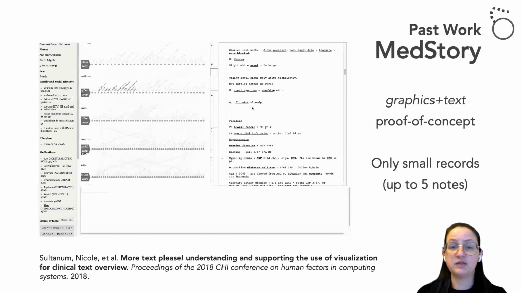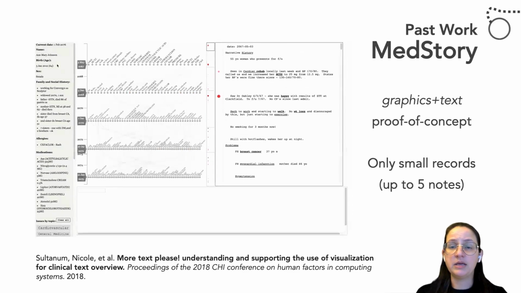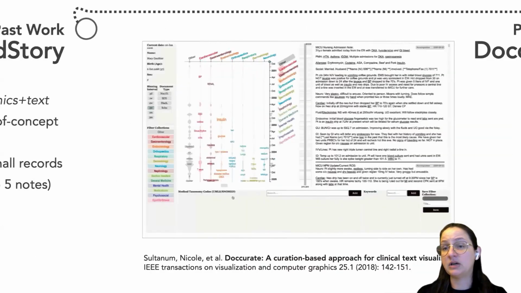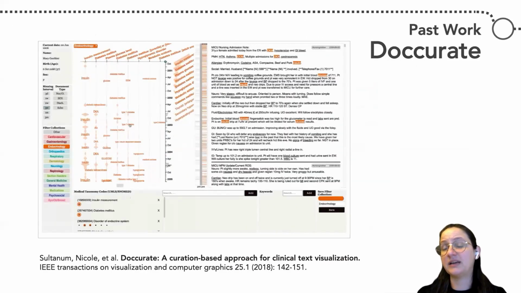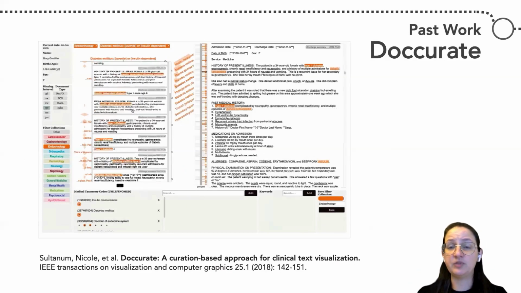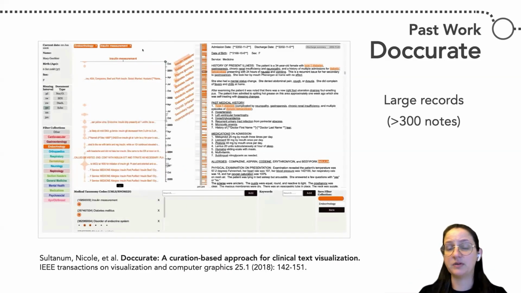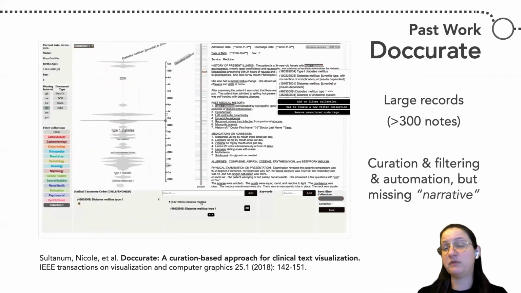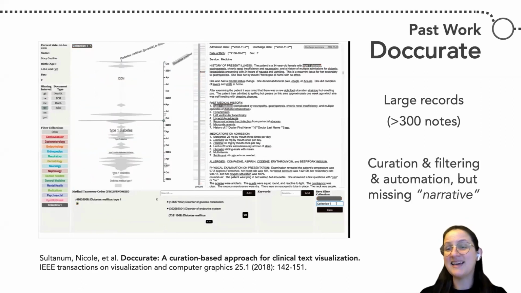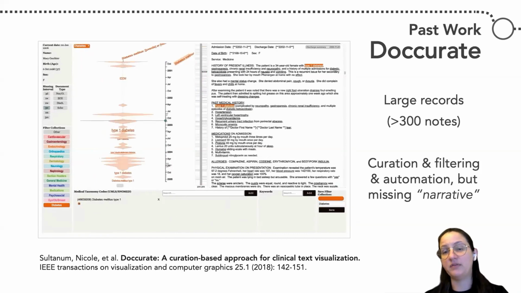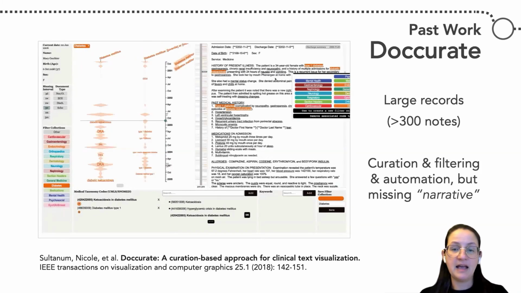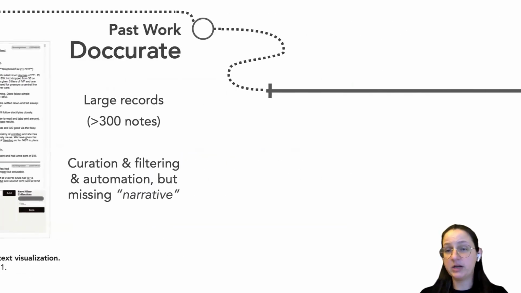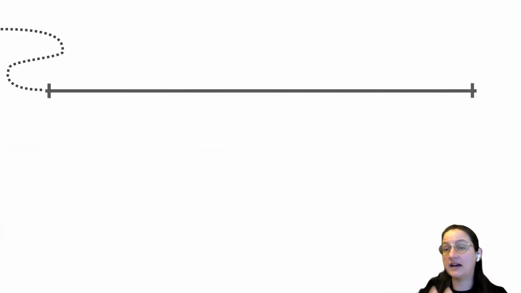After that, as follow-up work, we published Document, another clinical plus graphics and text solution supporting much larger patient records. That said, the focus here was more on customizing information retrieval and dealing with automation, and less on getting an overview of the patient record per se. As such, in this work, we shifted back to the task of content overview, now at scale with ChartWalk.